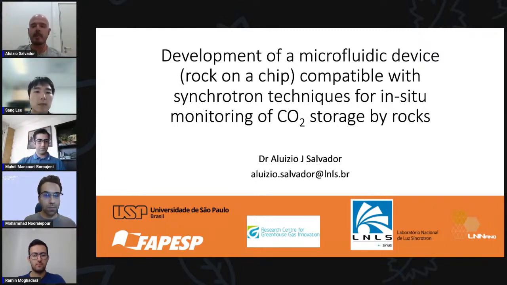And we performed experiments of 2 weeks, and we couldn't yet see the results that we are expecting. So we are not thinking of increasing the time, but on the contrary, of decreasing the time and changing the conditions to accelerate this process. Because we don't have one month available at the beamline, so we need to accelerate this process to make this experiment 1 week at the most.